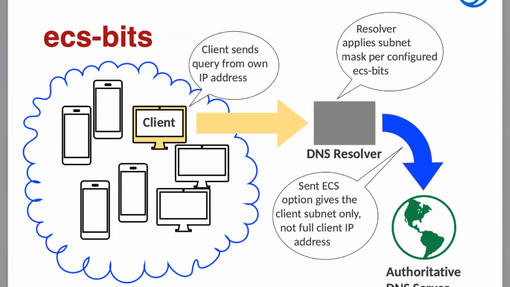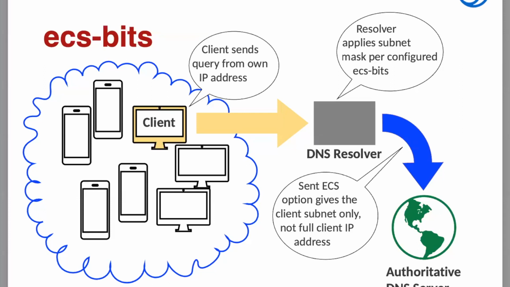So, ECS bits. You saw in the example right at the very beginning when I was using dig, and you know that the client is querying the DNS resolver from its own IP address.